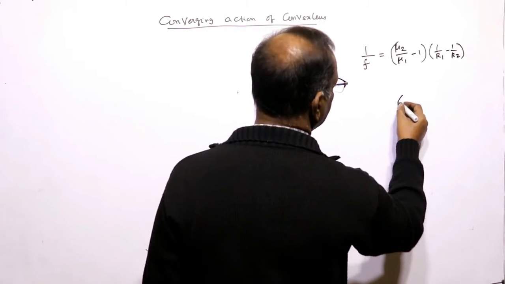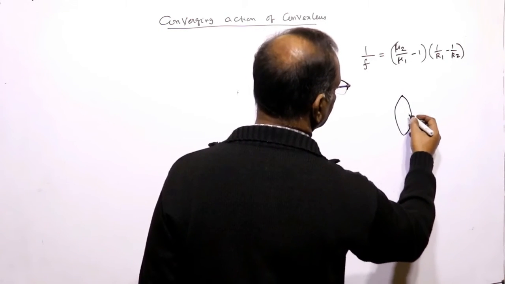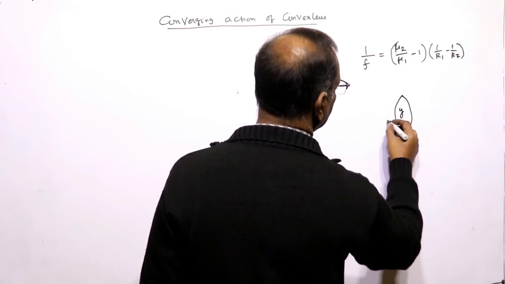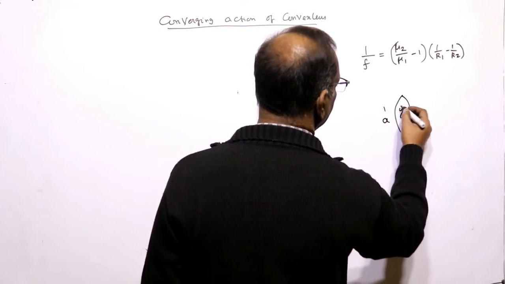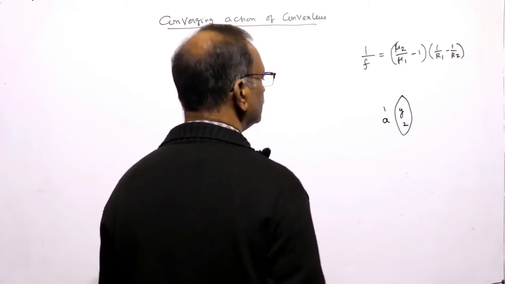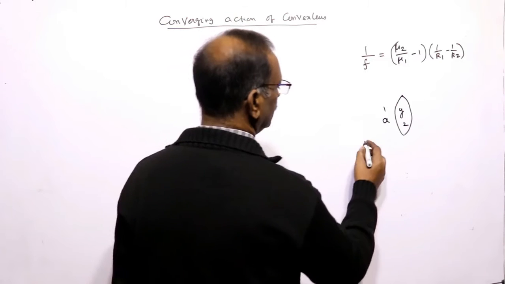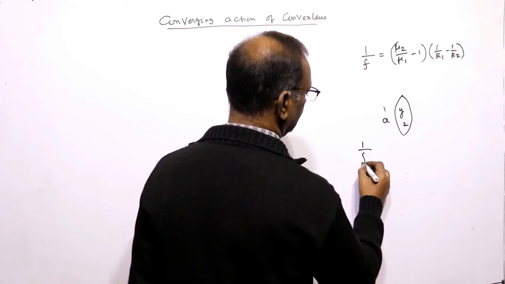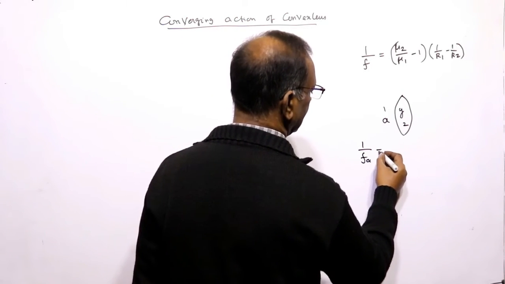So in case the lens is kept in air, this is glass, this is air, this is medium 1, this is medium 2. In this case, we want to find the focal length of the lens when kept in air.